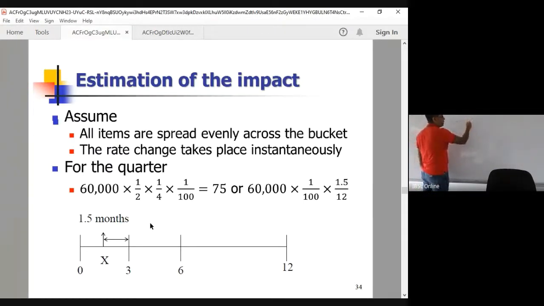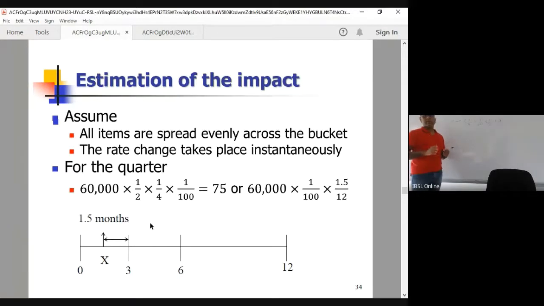You look at 1/4 because it's a quarter. You look at the 1% and you assume it's across everything evenly. So you average it, get the average impact on that particular quarter, and you end up with 75. So the interest rate change has a 75 impact on your 60,000.